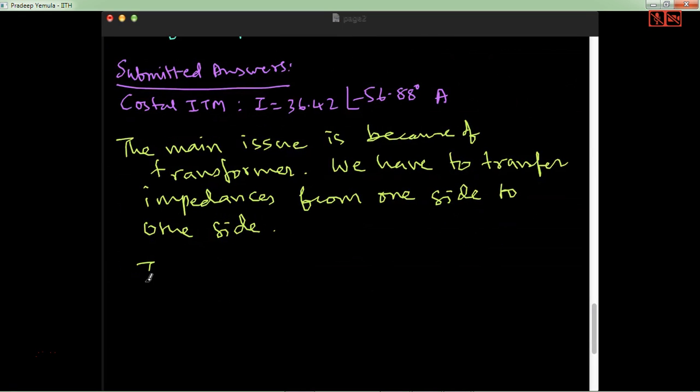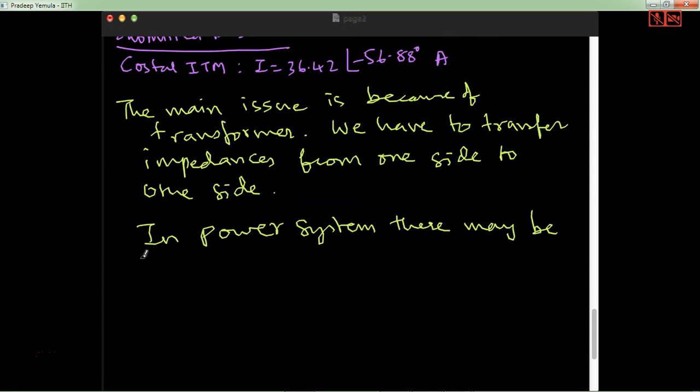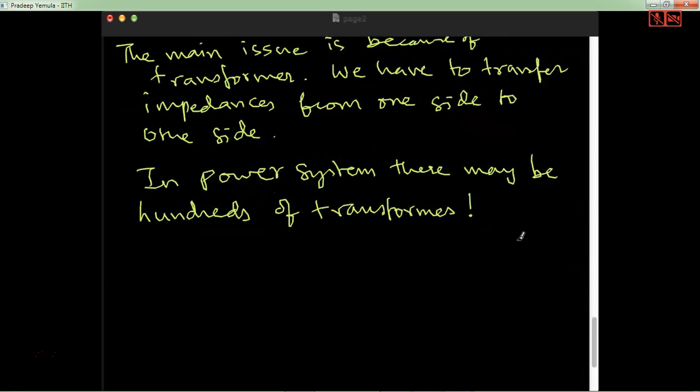So in a power system, there may be hundreds of transformers. So every time you want to solve the current, you want to find out how much power is flowing, how much is the current. Every time you want to do that, it will become highly calculation.